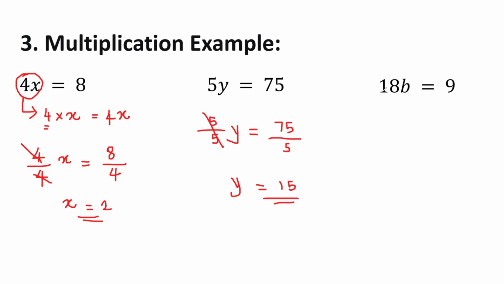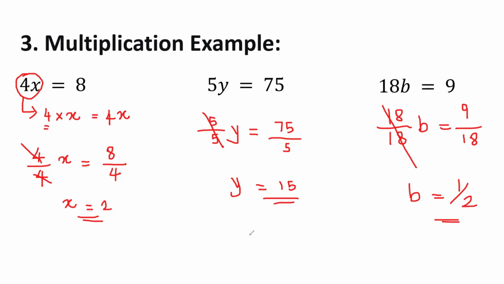Likewise here, 18 and b, both of them are multiplying, so we have to divide by 18 to isolate the b. Likewise here, 9 and 18. So b will be isolated here. What is the answer? 9 divided by 18 is half. That's how we have to do the multiplication when it comes to reverse.